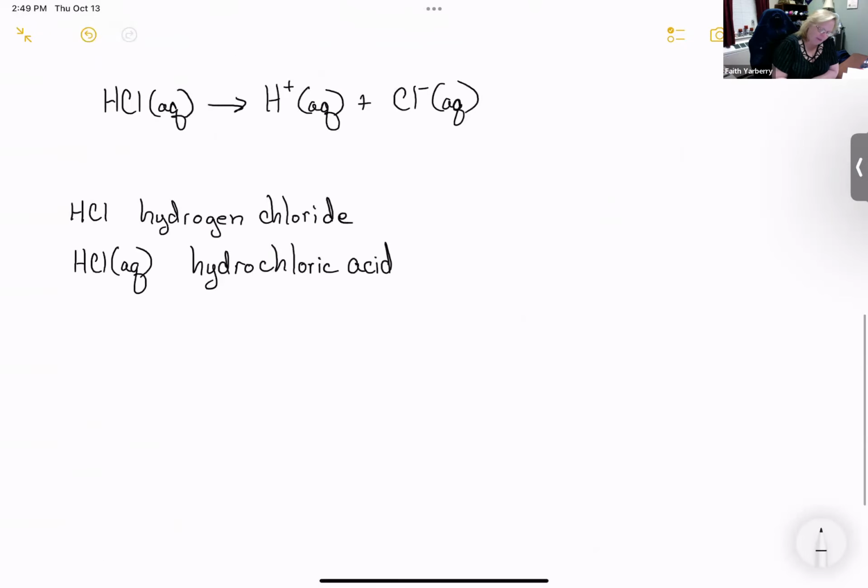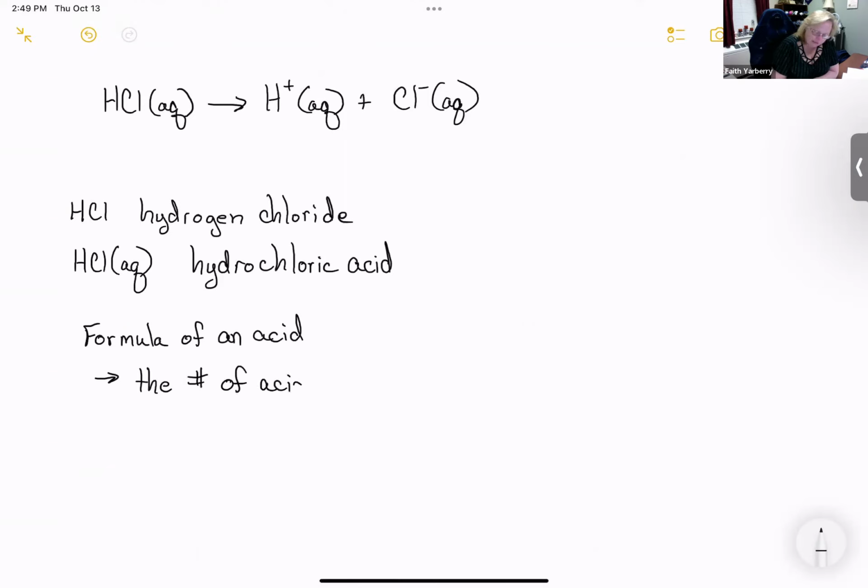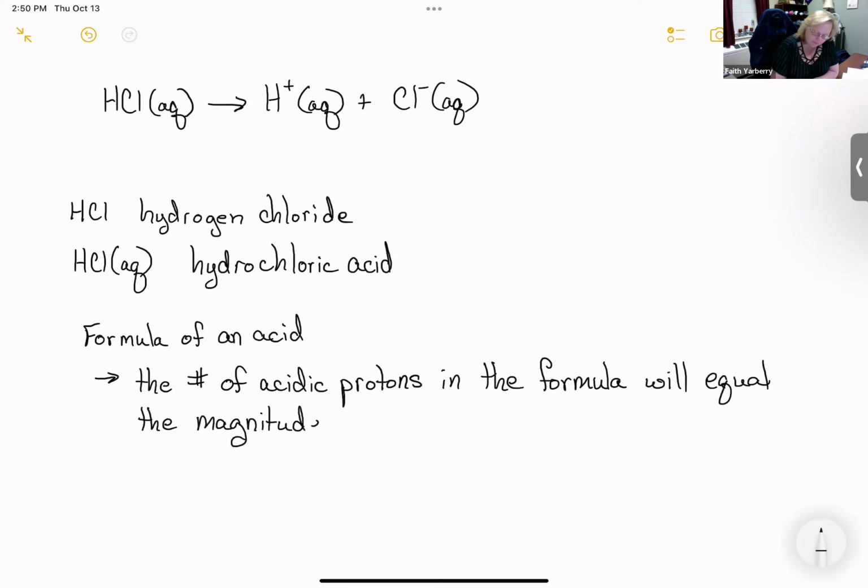So now let's talk about the formula of an acid. When we're talking about the formula of an acid, the number of acidic protons in the formula will equal the charge, or the magnitude of the charge, on the anion.